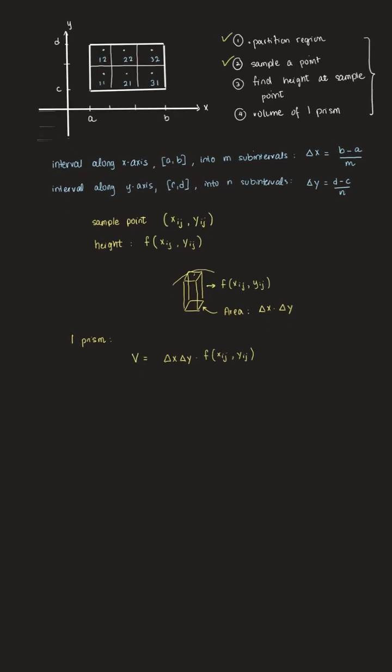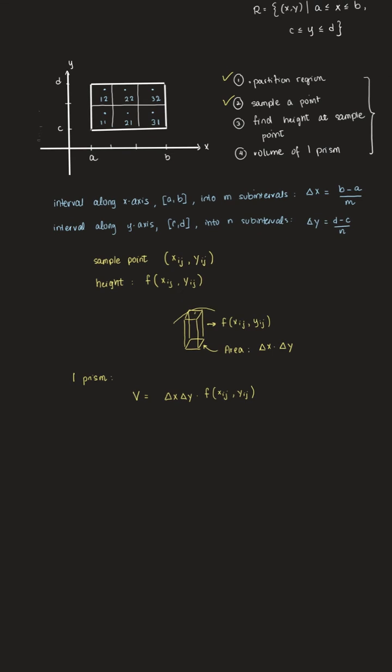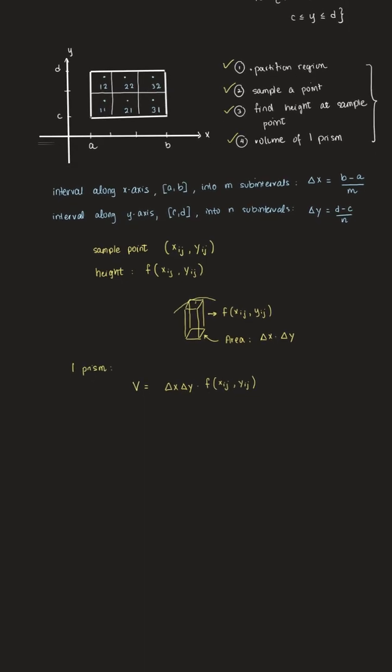And now what we want to do is add this up, again in a systematic way, all of the prisms that we formed from our partition. So we have found the height at a sample point and the volume of one prism, and now our work is to form a Riemann sum and add things up. So let's do this also in a systematic way. Let's suppose we start along the x-axis.